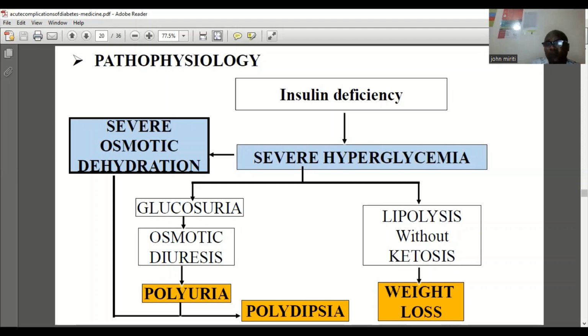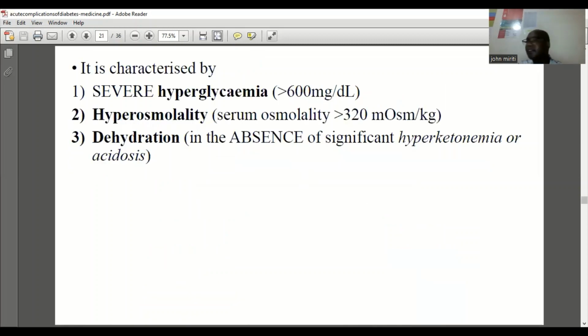The patient will have a lot of polyuria resulting in polydipsia. On the other side, because of severe hyperglycemia, there is breakdown of lipolysis without ketones. In this case the ketones are not produced, because it follows the pathway of glycerol instead of three fatty acids moving to the liver. So there is weight loss in this type of patient.